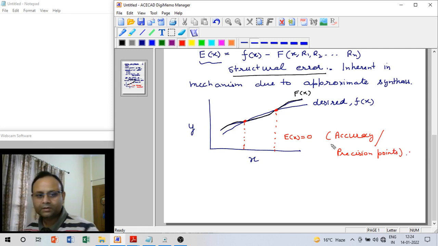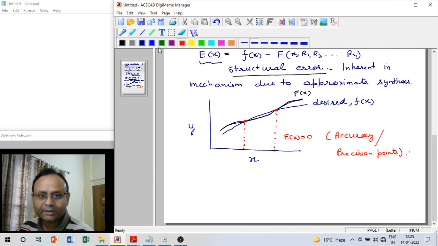So when we are synthesizing, say, a 4-bar mechanism or a slider crank mechanism, and it is function generation, then in the problem itself it is specified whether you have 2 accuracy points, 3 accuracy points, 4 or 5 accuracy points.